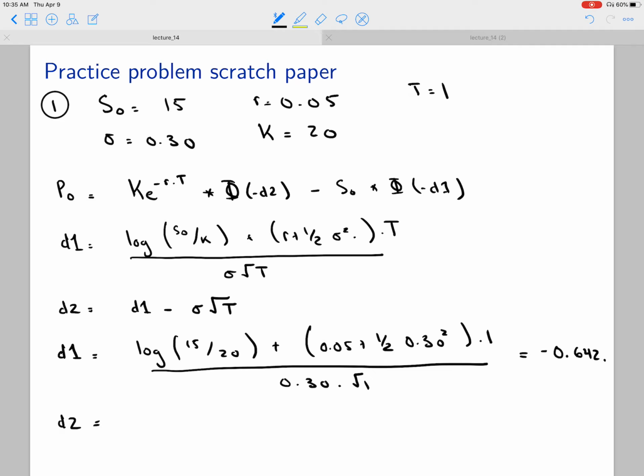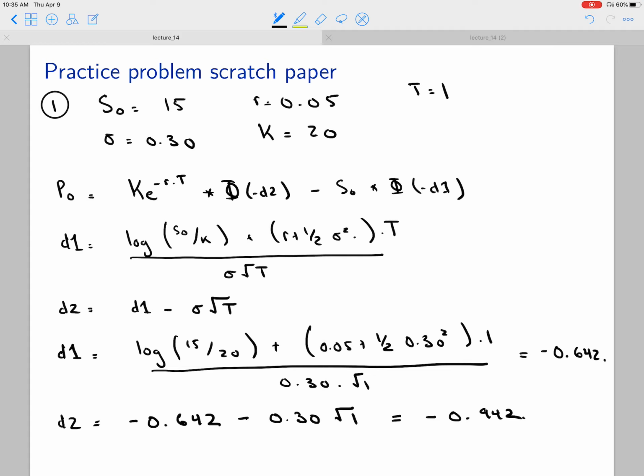D2 then is you take D1, subtract sigma root T. D1 we just calculated, negative 0.642, minus sigma, 30%, root T, 1. Root 1 is 1, so this is negative 0.642 minus 0.30, negative 0.942.